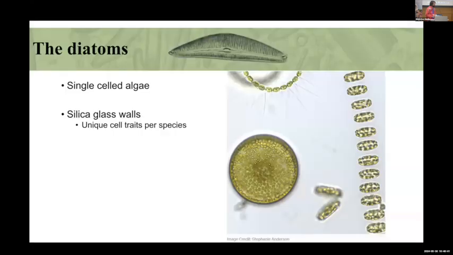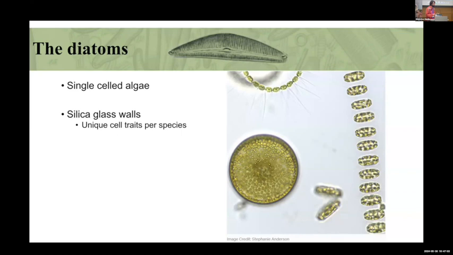So if you don't know diatoms, they are maybe the coolest organisms out there, in my personal bias. They're single-celled algae, they're photosynthetic, and what's really interesting about their morphologies is that their traits are tied to this outer cell wall that is made from secreted silica glass.